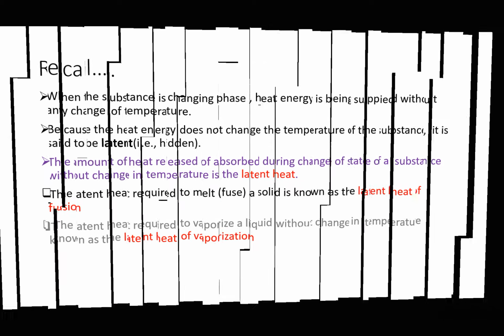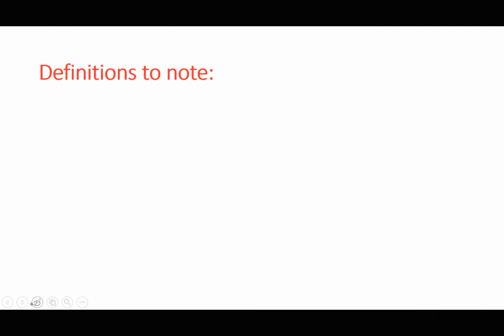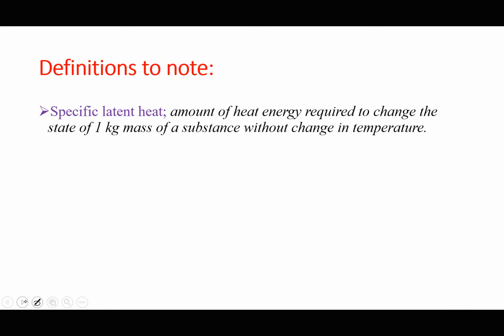Let's think of a simple demonstration using a graph. Or before we look at the graph, these are some of the important definitions you have to consider. So we have seen that the amount of heat required to change the state of a substance without changing the temperature was the latent heat.